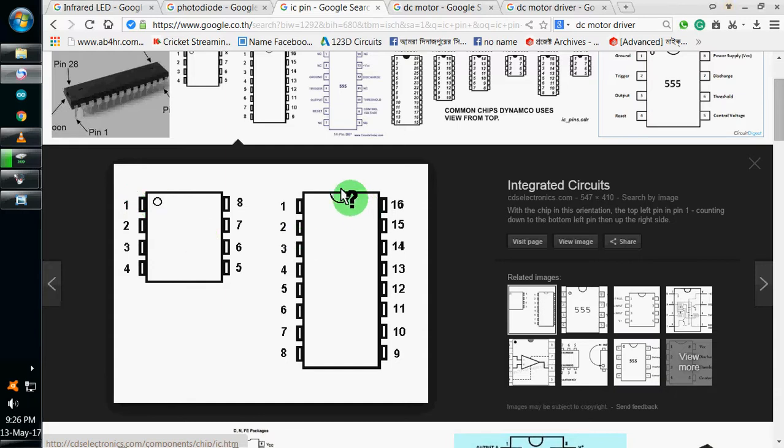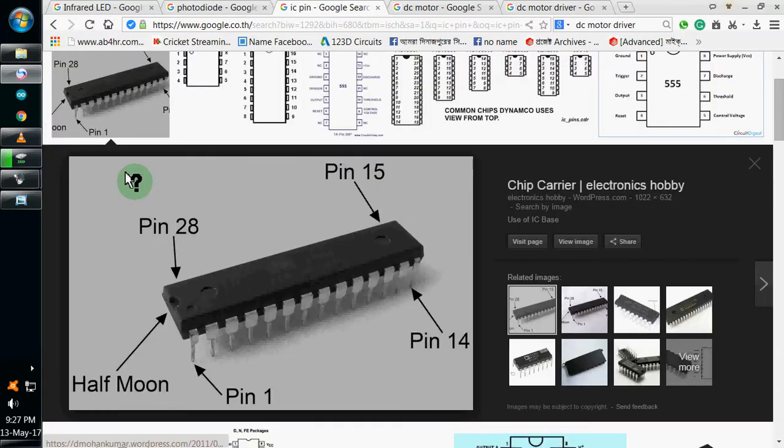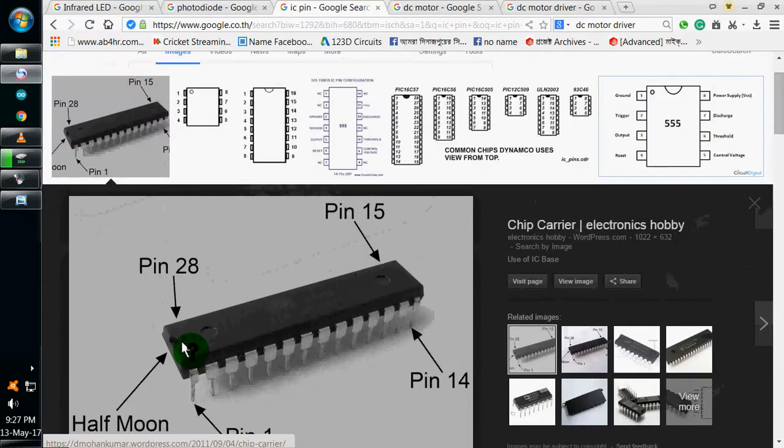These are called notches. In a physical IC we will get this notch. You can see two types of notches here. So this pin will be pin number 1 from this figure.